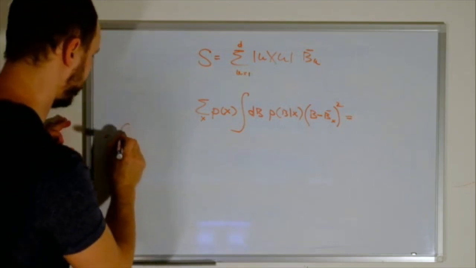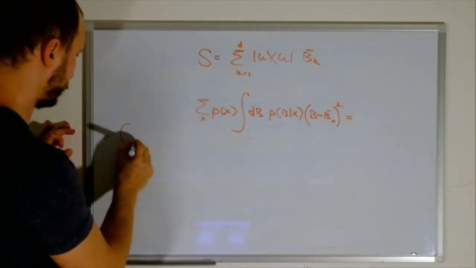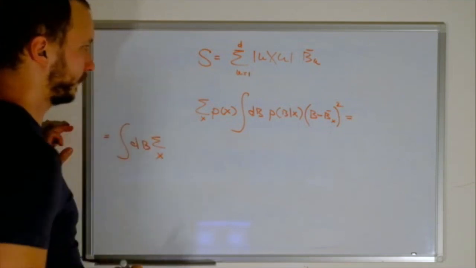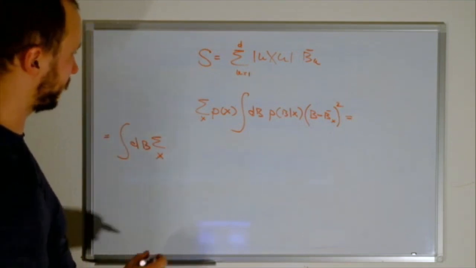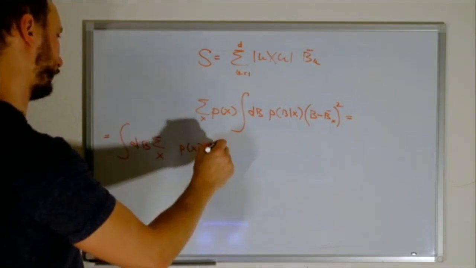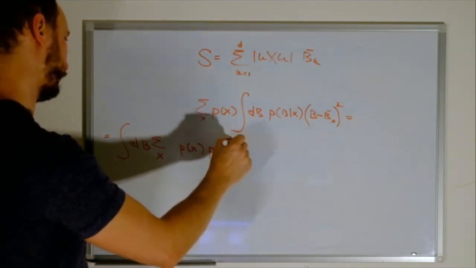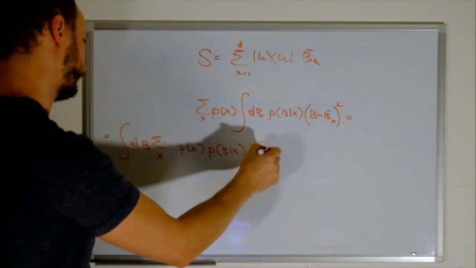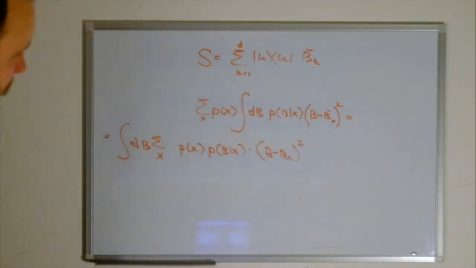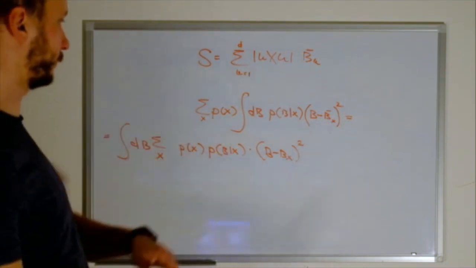So now we just compute first the sum and the integral, so we have the integral dB, sum over x here. And then we have p of x, the probability of b knowing x, times this variance b minus bx squared, yes? So far I did nothing, I just put it all together.